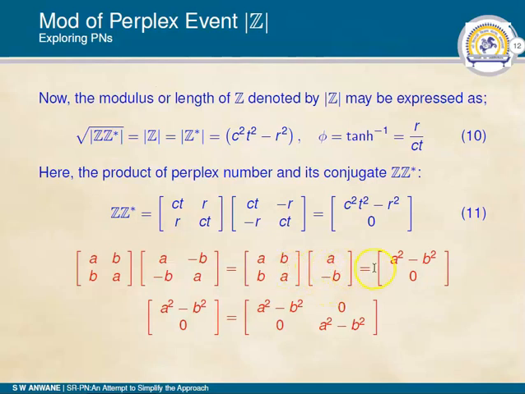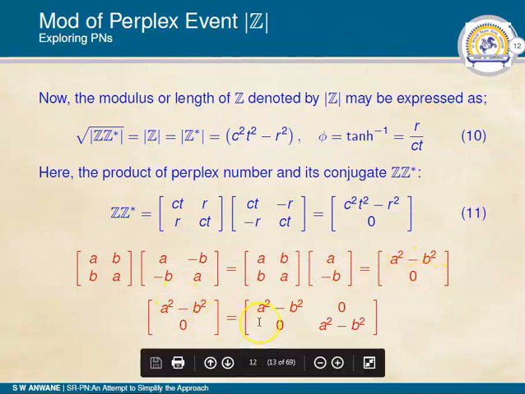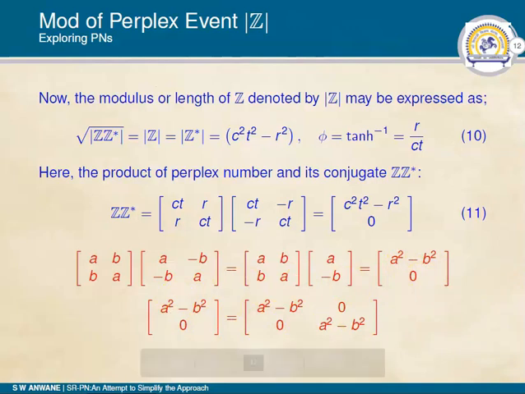This will offer us a 2 by 1 matrix a square minus b square and 0, which is in fact a 2 by 2 matrix [a square minus b square, 0; 0, a square minus b square]. We are skipping the clumsy representation and writing a shorthand notation for the same without the loss of generality.